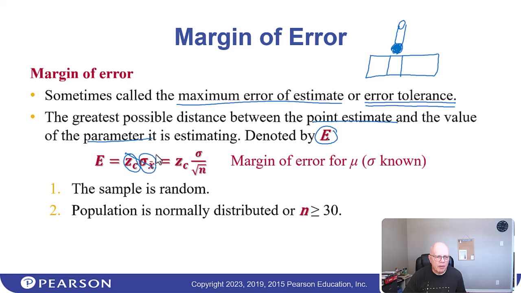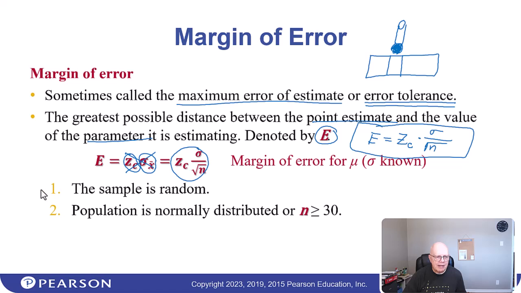I wouldn't bother writing this down. Instead, write this down. So if you want the margin of error, what you need is to find that critical value and then multiply it by the standard deviation. Remember, in this section, we know the population standard deviation, so you can put that in. And we divide that by how big a sample you actually have, and then take the square root of that. You want this to find the margin of error, or the error tolerance.